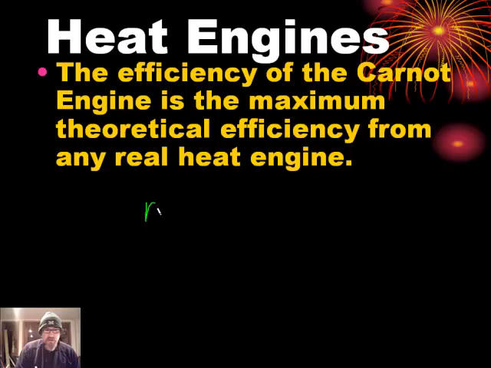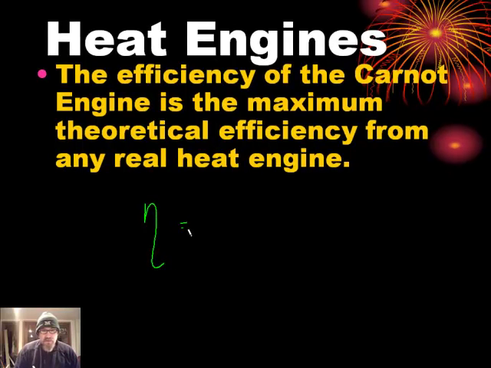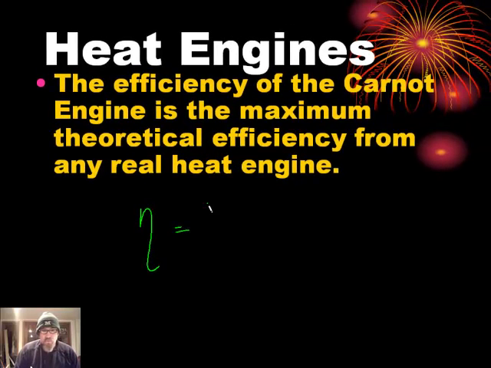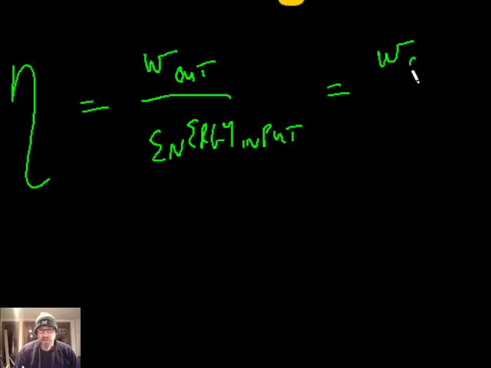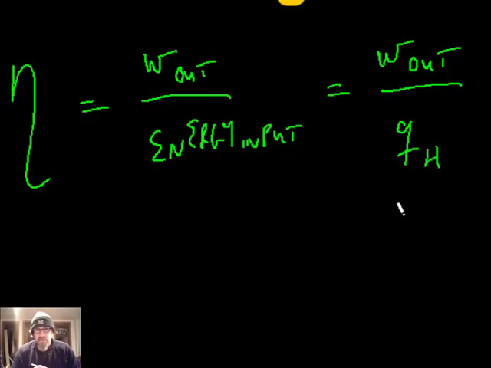Thinking about efficiency, our efficiency is equal to the work output over the energy input. Well, the energy comes in from the heat source, and so this is really QH, the energy that has to come in from the hot energy source.